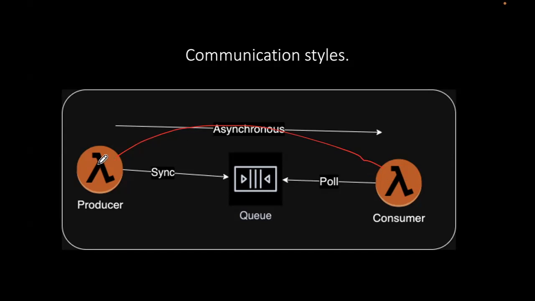That now means that this lambda here is no longer waiting for the lambda on the right to do its processing. Once it gets a response from the queue saying, I've got your message, it can complete and respond back to whoever is interacting with it, which could be an API gateway talking to a client.